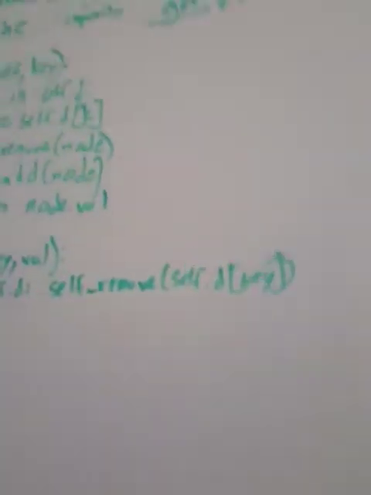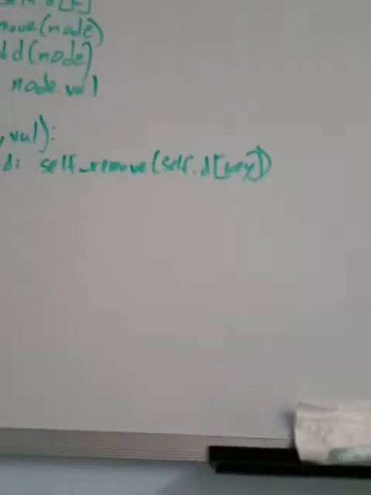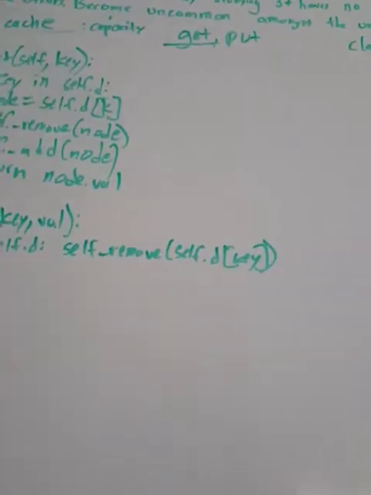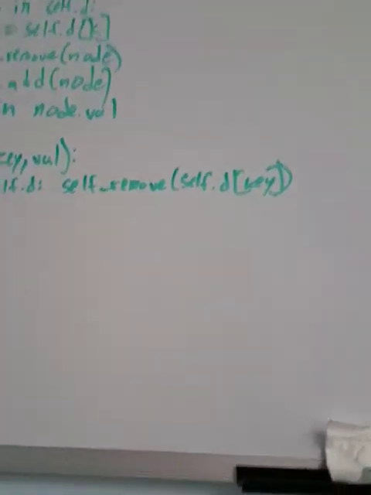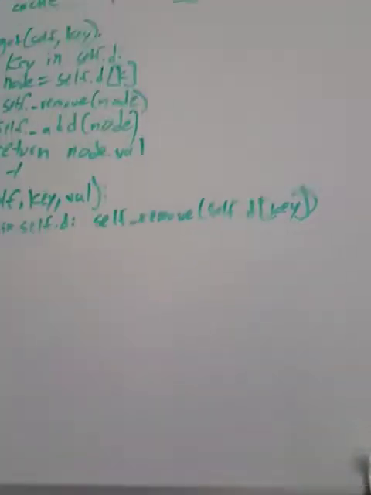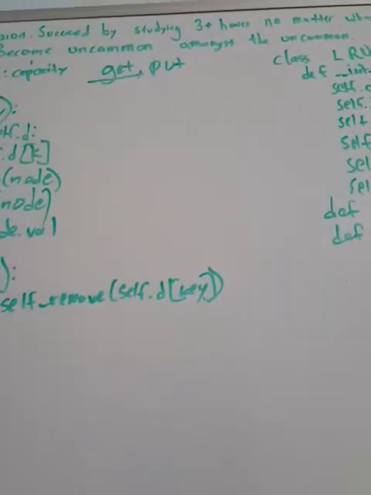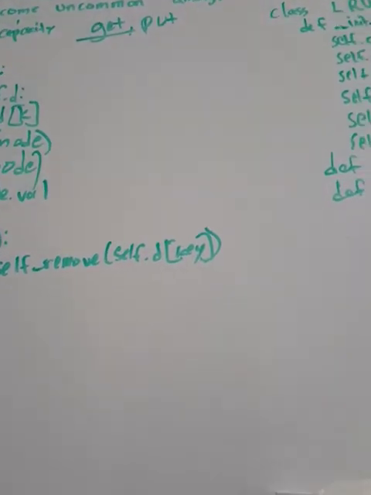So when we remove it, we're removing it from our node, our linked list. So if key is in self.d, then we're removing it using our remove function.